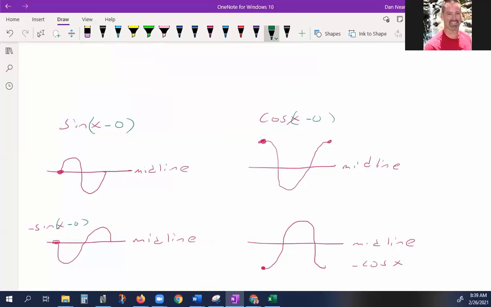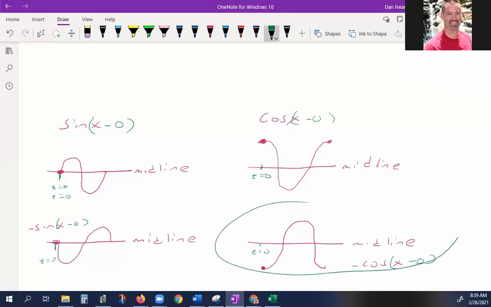I was assuming that there was no shift left or right by not subtracting or adding here on the input variable. What that means is I was assuming that this happened at x equals 0, or in our case, we're using the input variable t, that these are the shapes you'd get if you use these exact models without shifting left or right, and that would happen at t equals 0.